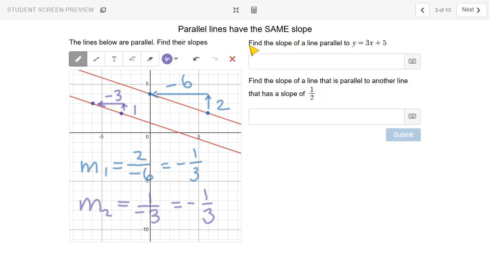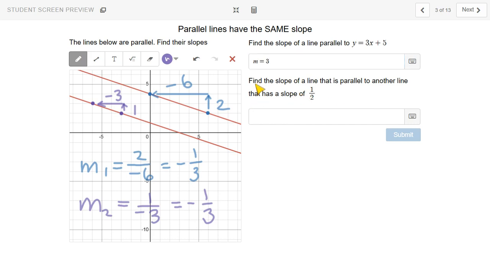Now, if I had a question that said find a slope of a line parallel to y is equal to 3x plus 5, the original line has a slope of 3. The new line is going to have exactly the same slope because it's parallel. So m is equal to 3.